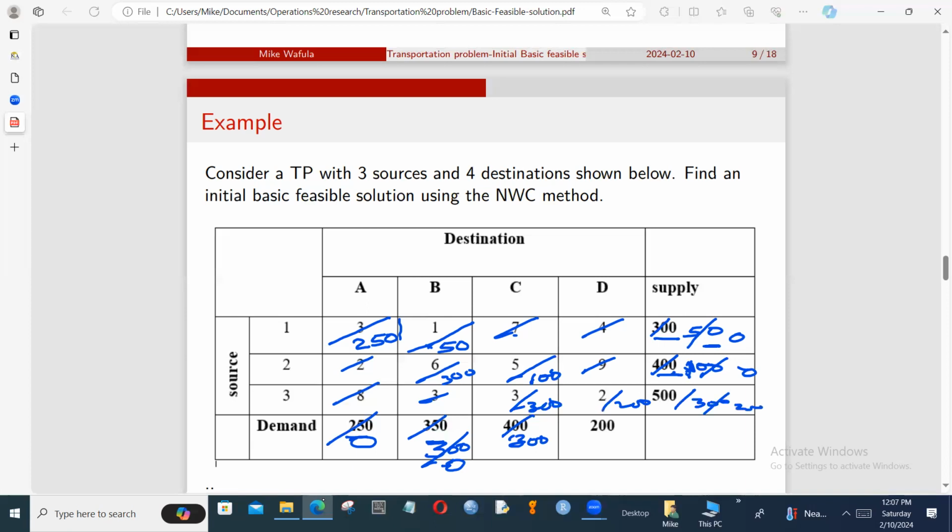So the last 2, you just go here. You have ended up with all these zeros. All the sources, whatever they could supply, you have been able to supply, and you have met all the demands from the various destinations.